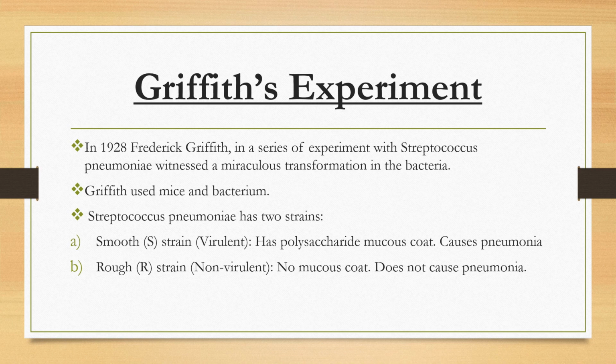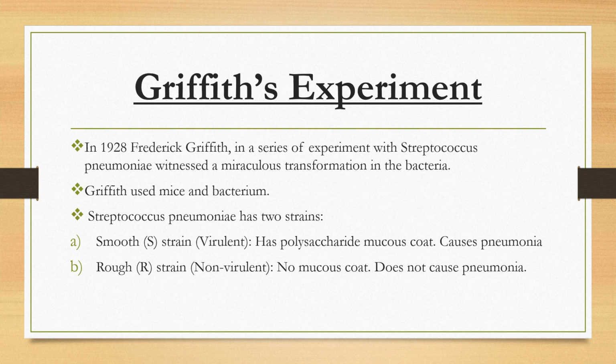The S strain is smooth. Why is it smooth? Because it has a capsule-like cover on it. And about the R strain, R is used for rough, because it does not have any kind of capsule on it. That's why it is called the rough strain or R strain.